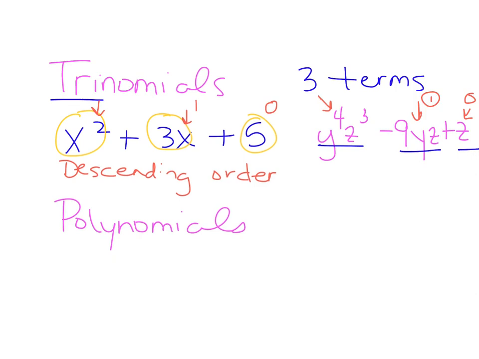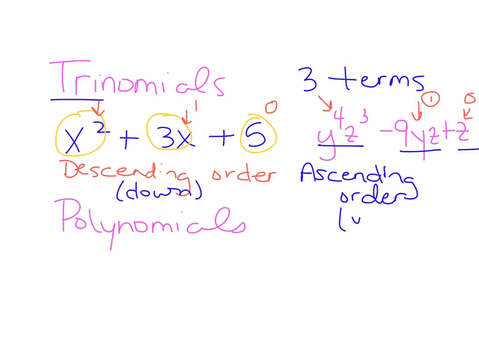Now, the opposite of this would be ascending order. Ascending order would mean whatever variable I tell you, the powers would be going up instead of down. Descending order is down, ascending order is up.